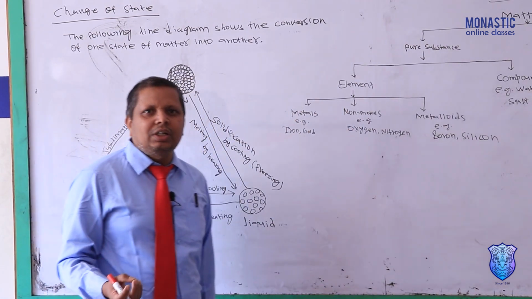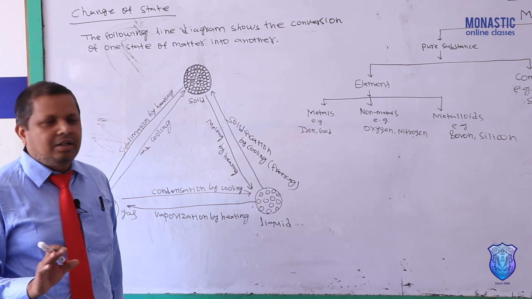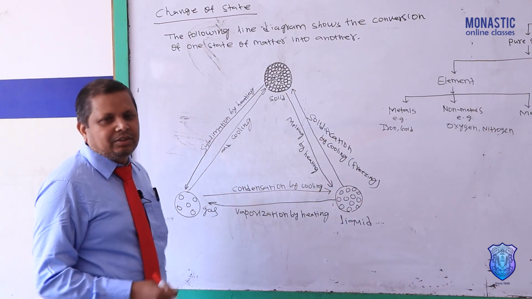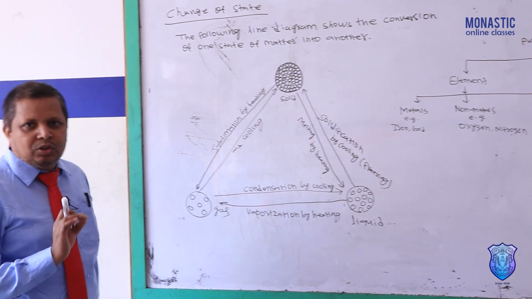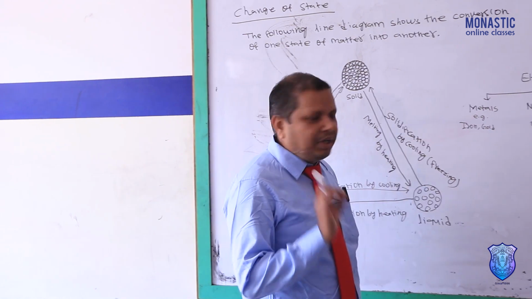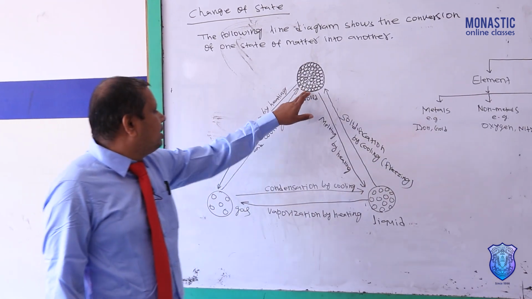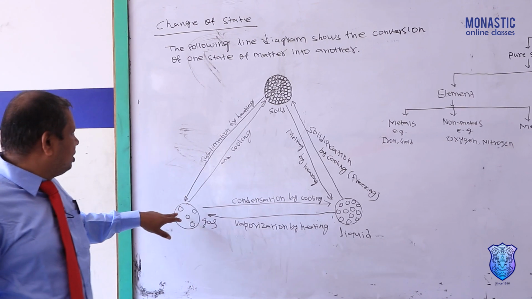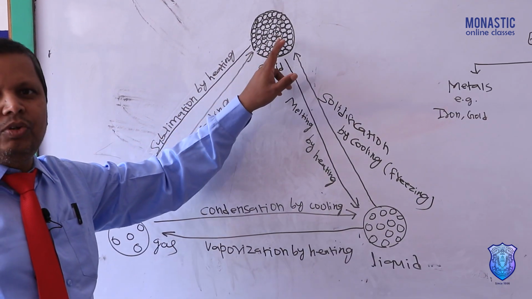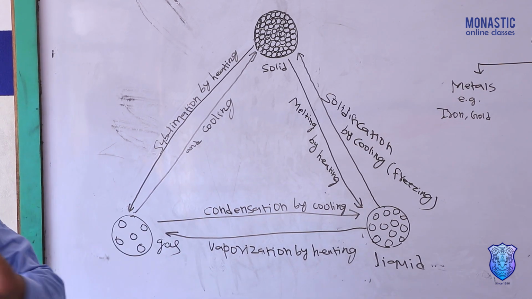But some solids under heating directly change into gaseous state, and on cooling the gas changes back into solid state. This process is called sublimation. Here, look, a solid on heating changes into gas, and on cooling the gas changes back into solid without an intermediate liquid phase.